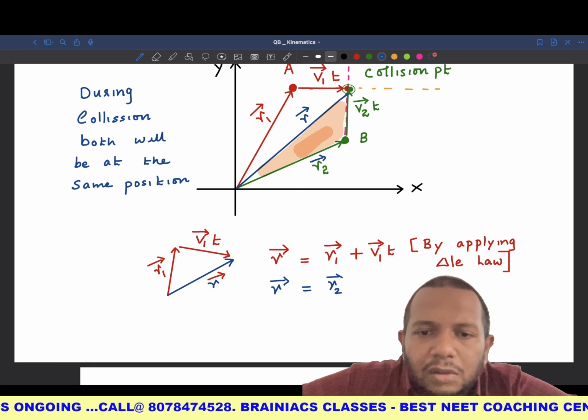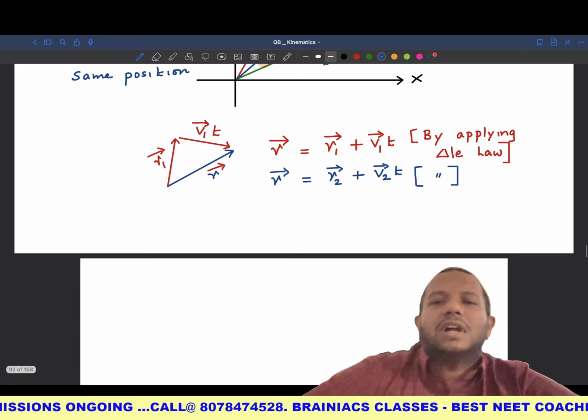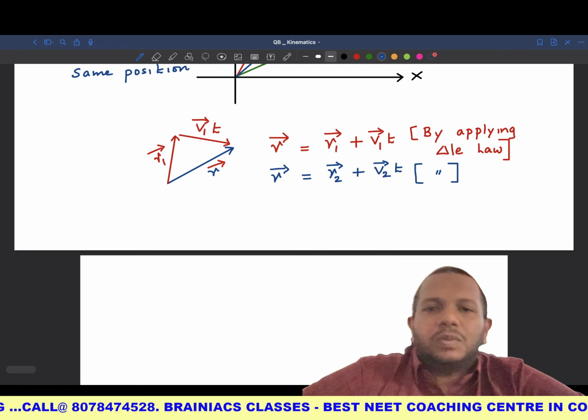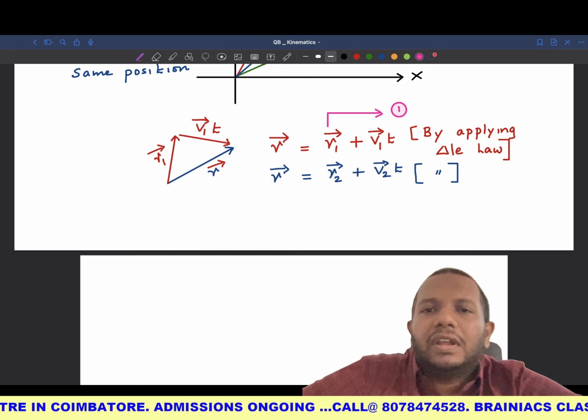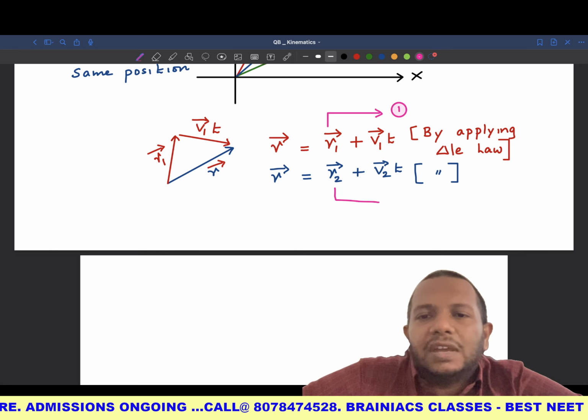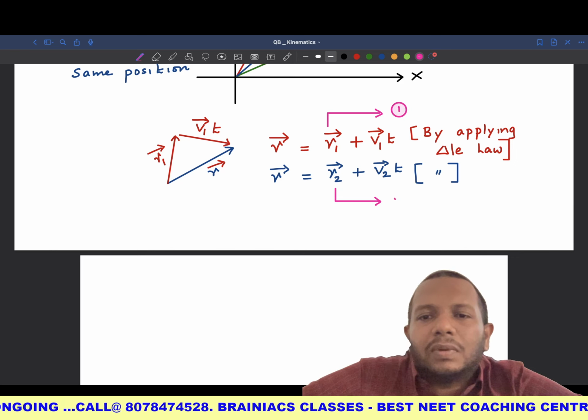So vector r2 plus v2 vector into t, and here also the triangle law is applied. Okay, any doubt until this? So this is my equation 1, and let me say this is my equation 2.